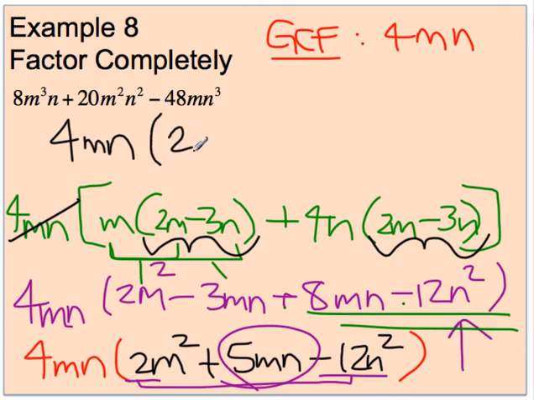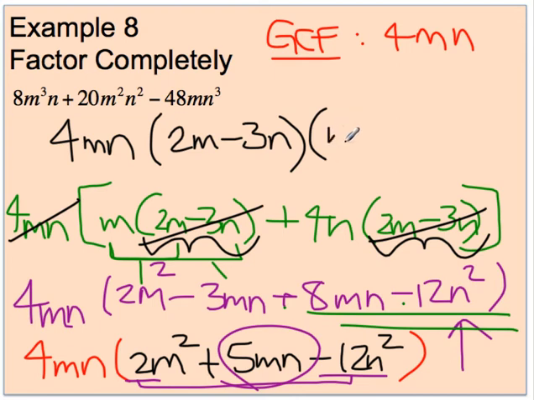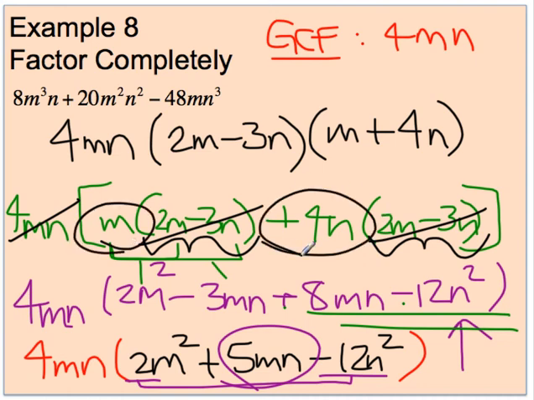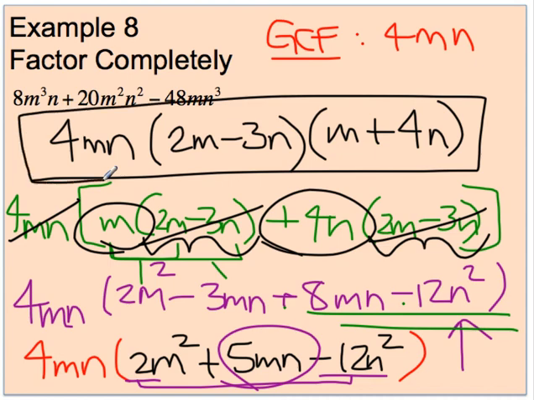That's the 2m minus 3n. Once that's gone, we can see that what's left over is the m plus 4n from the inside. M plus 4n. And this is our final answer.